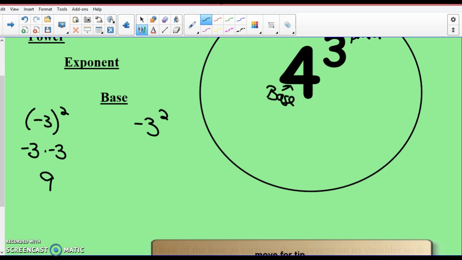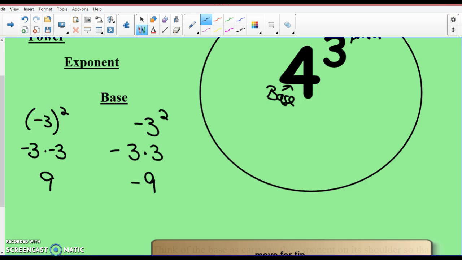Now, when it is written like this, what is being squared? 3. This negative gets carried along. So in expanded form, this looks like -3 times 3. What is -3 times 3? That is -9.